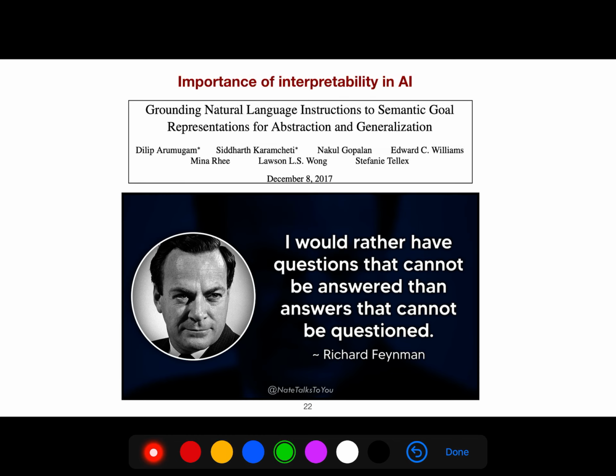Don't look at me like a child. So interpretability of a machine is important. And Richard Feynman says, I would rather have questions that cannot be answered than answers that cannot be questioned.